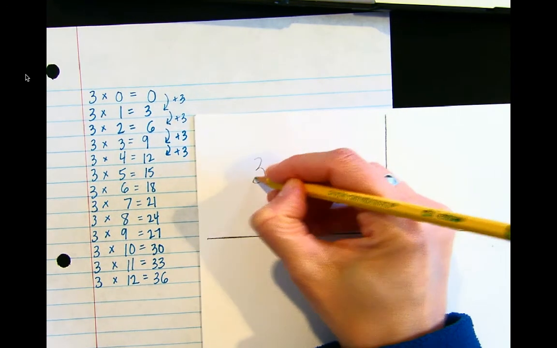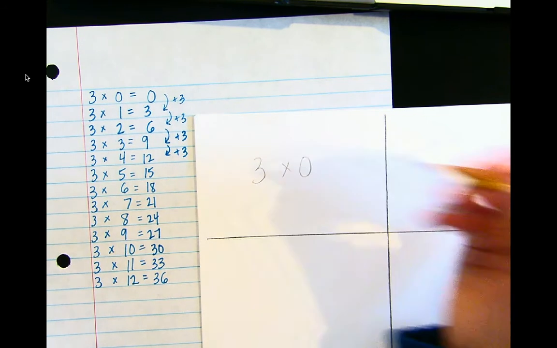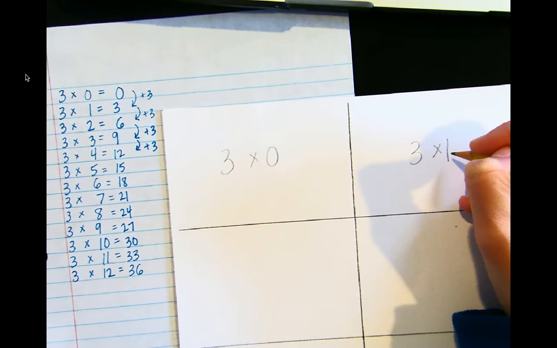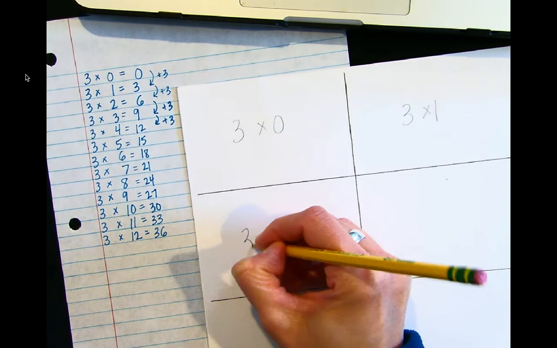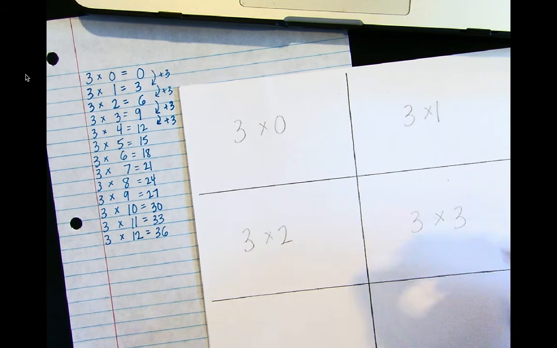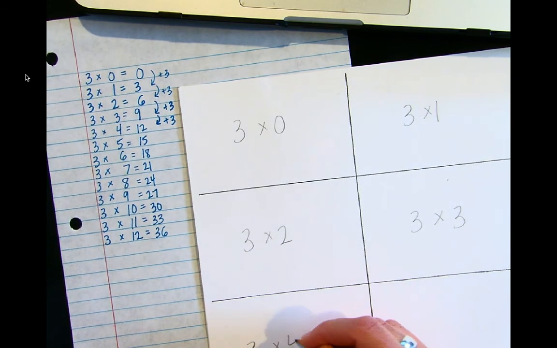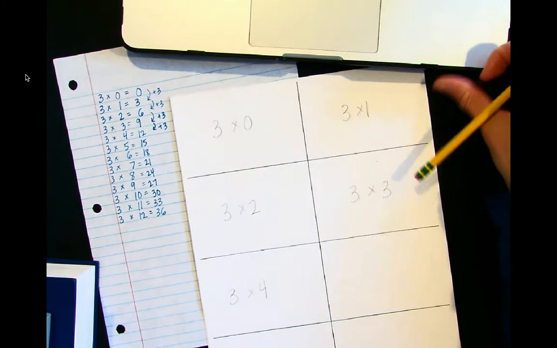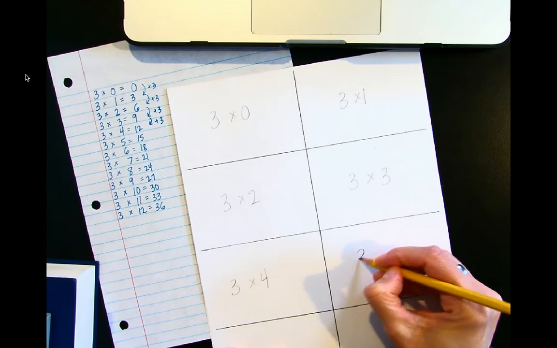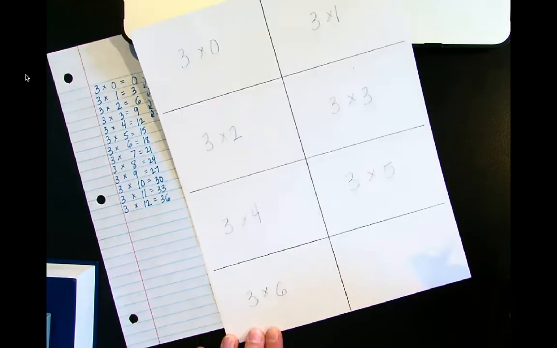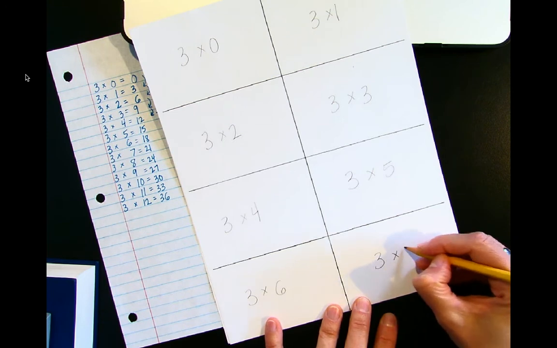So we're going to do 3 times 0, and then 3 times 1, and 3 times 2, 3 times 3, 3 times 4, and 3 times 5, 3 times 6, 3 times 7.